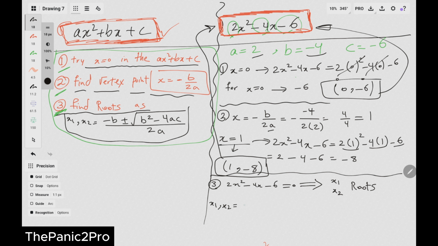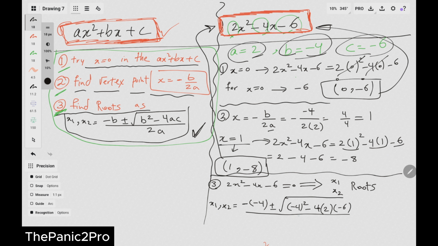x1 and x2 are based on this formula: minus b, where b is -4 here, plus or minus the square root of b², which is -4 squared, minus 4ac, where a is 2 and c is -6, over 2a.